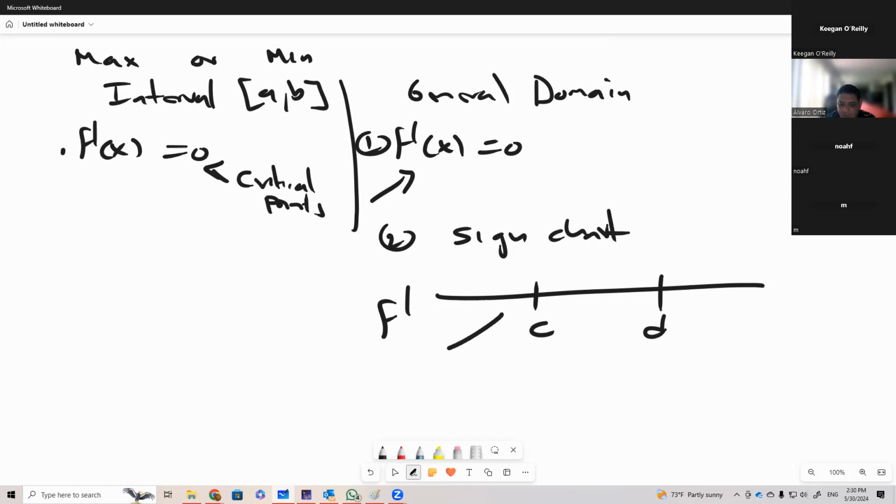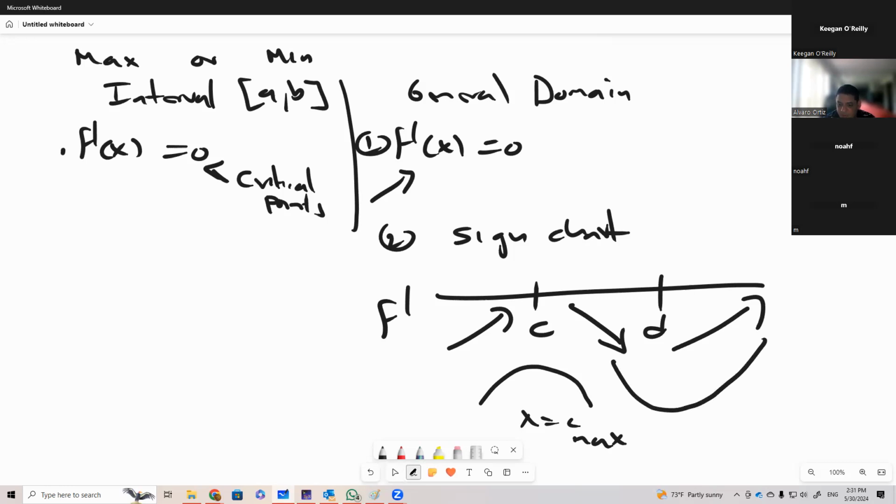And so you say, well, it's going to increase here, then it decreases here, then it increases here, for example. And so if it's first increasing and then decreasing, the function is doing something like this, and x equals c is a maximum. And if it's doing something like this, like what it does in d, then x equals d is a minimum. And this is what you do for a general domain.